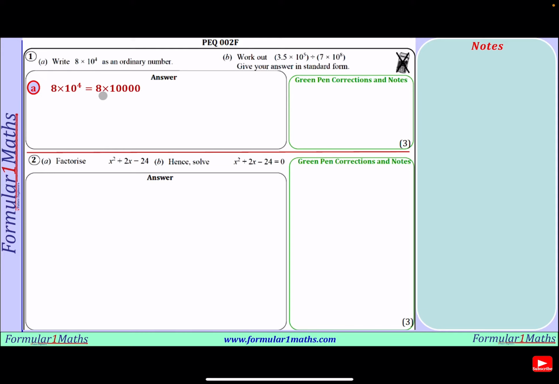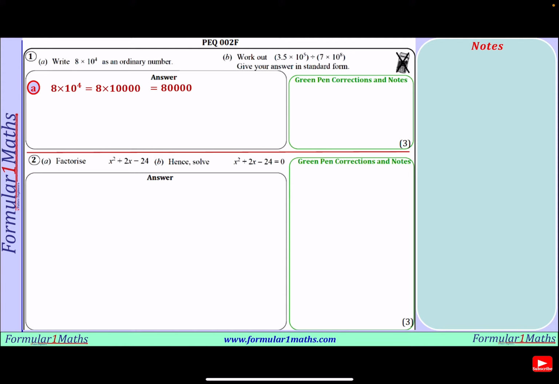And when I multiply 8 by 10,000, all I have to do is add 4 zeros to 8 to get this. So that's the answer for A.